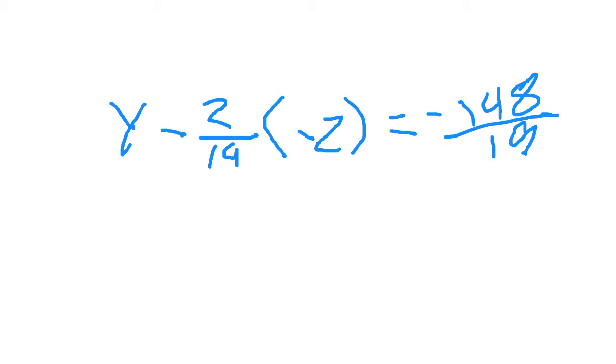Let's see. Oh, I'm subtracting 4, so that becomes minus 152 over 19, and 152 over 19. Let's see, 8 times 19. Yes, so that becomes 8.